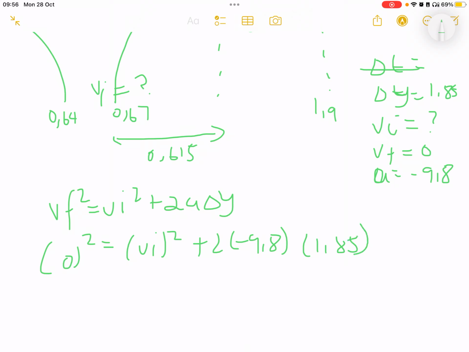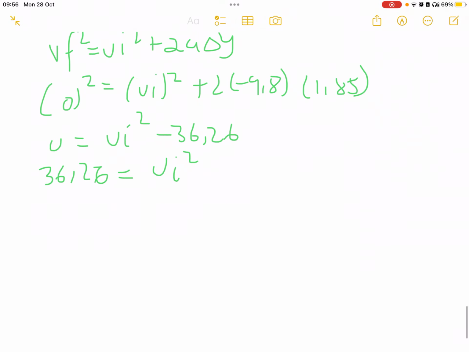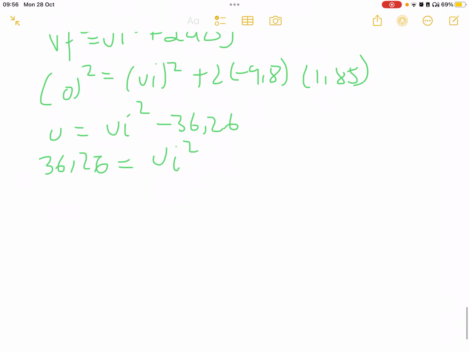And then 0 is equal to VI squared minus 36.26. Then 36.26 is equal to VI squared. And then if we take the square root on both sides, we get that VI is equal to 6.02 meters per second. Okay.